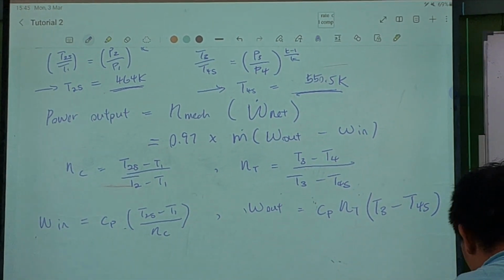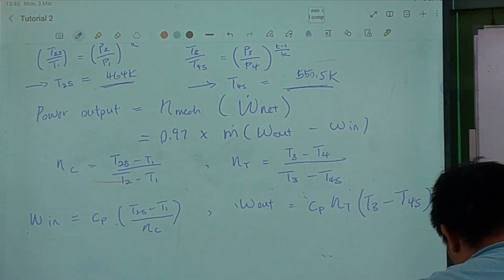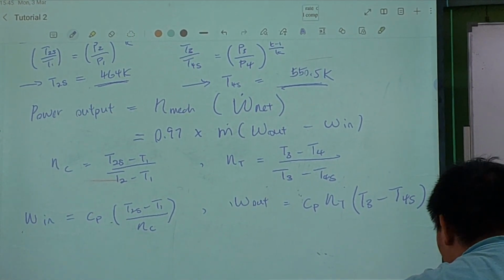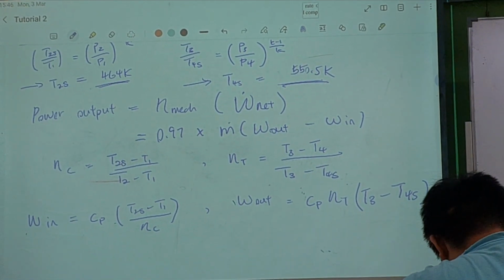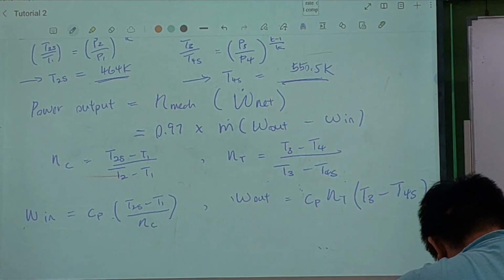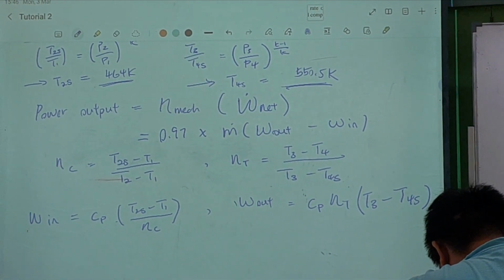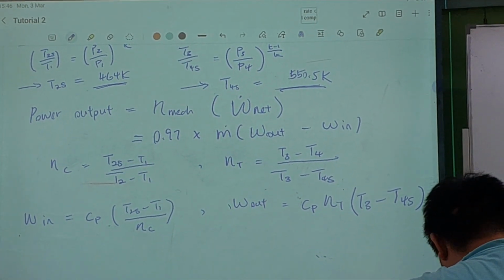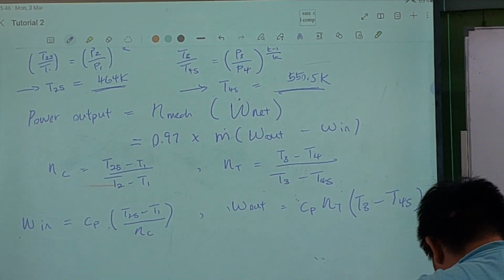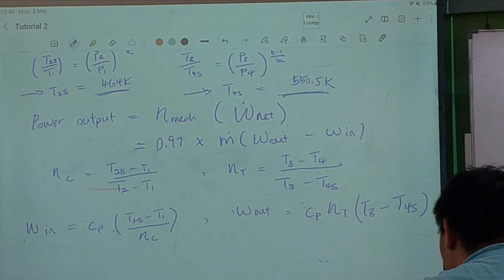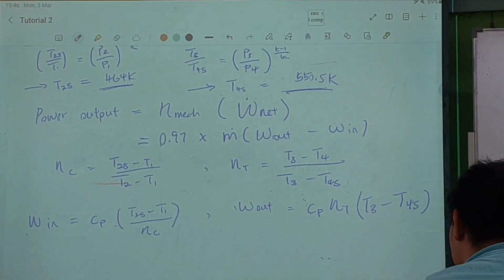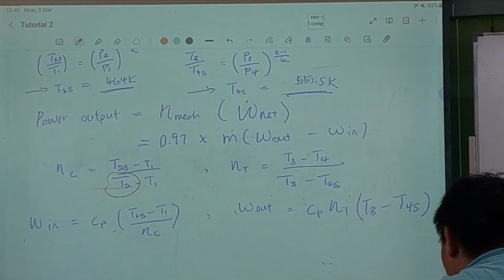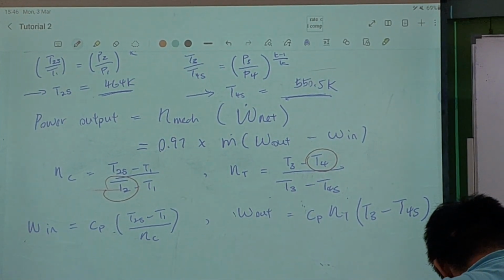But obviously you are supposed to calculate T2 also, because after this the question asks for thermal efficiency, which means you still need to calculate Q heat. If you want, you can calculate T2 as well as T4, then just do it step by step. It's the same thing.